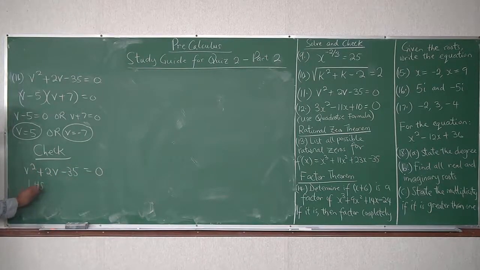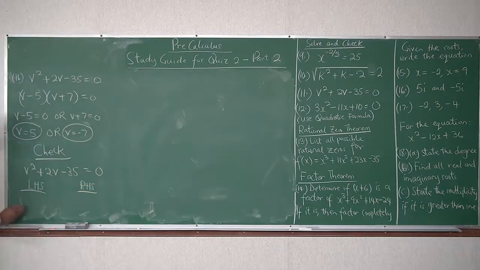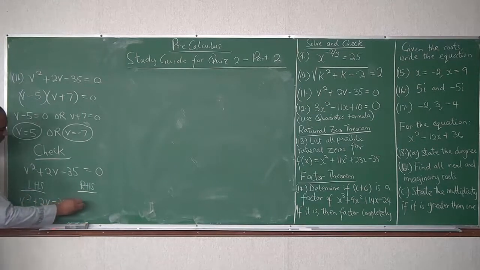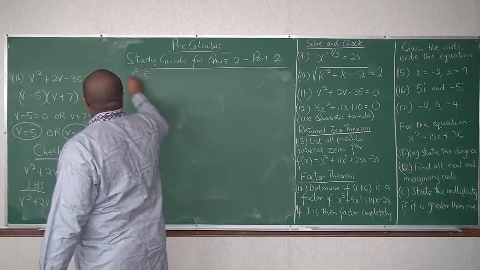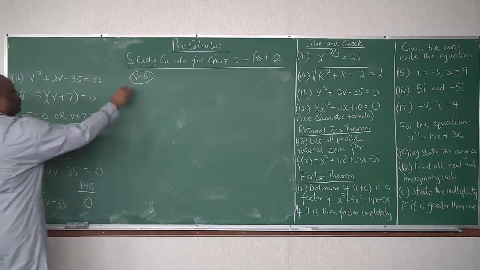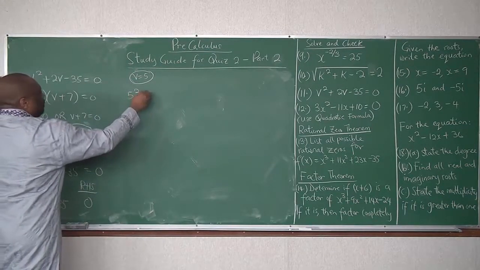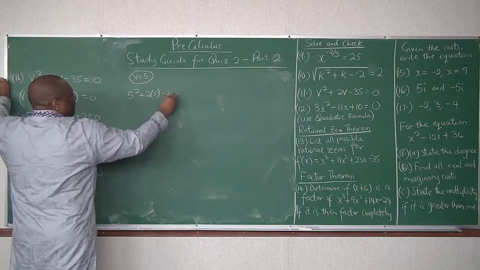Left hand side is v squared plus 2v minus 35. Right hand side is 0. So we check for v equal to 5. We put 5 squared plus 2 times 5 minus 35.